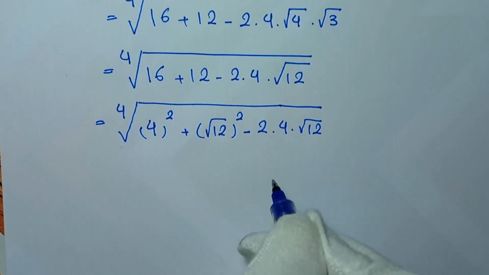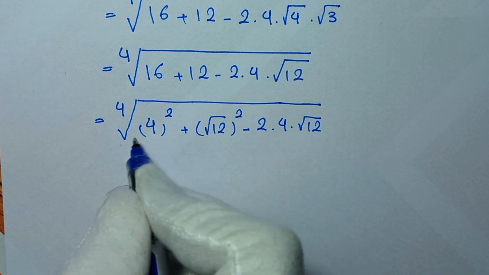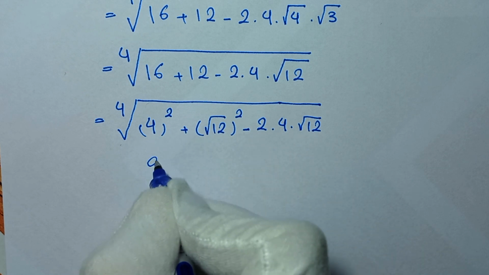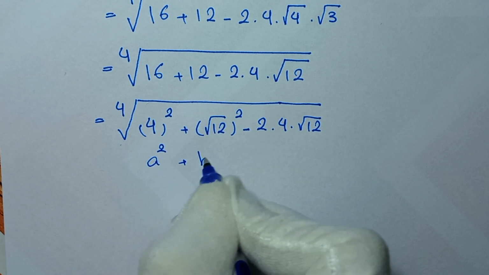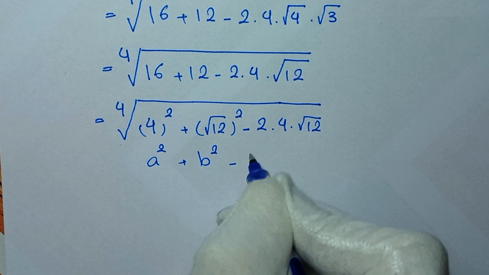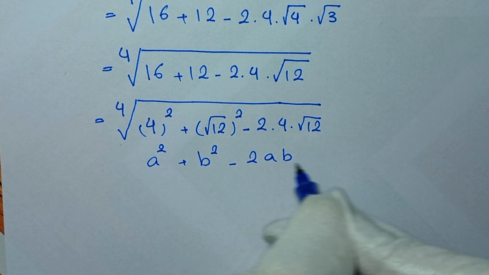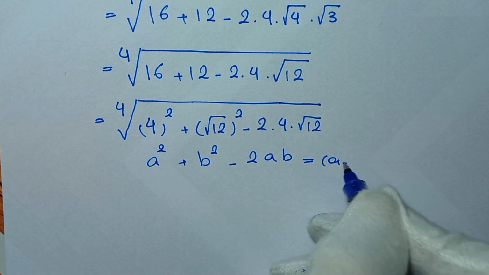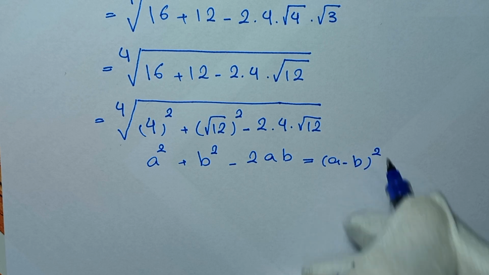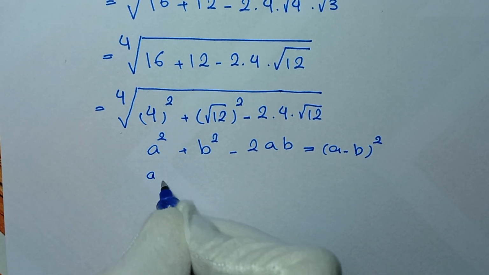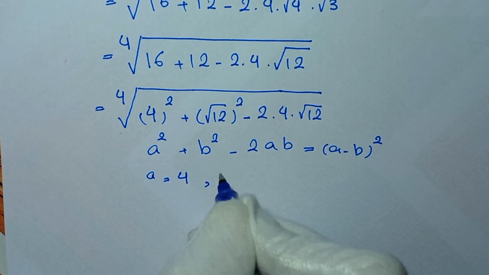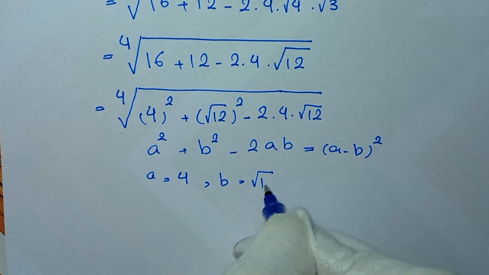So if you look at this carefully, this is in the form of a square plus b square minus 2ab, and this is equal to a minus b to the power of 2, right? Which is a is 4 and b is square root of 12.